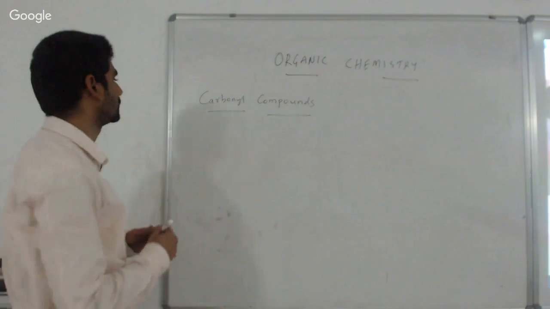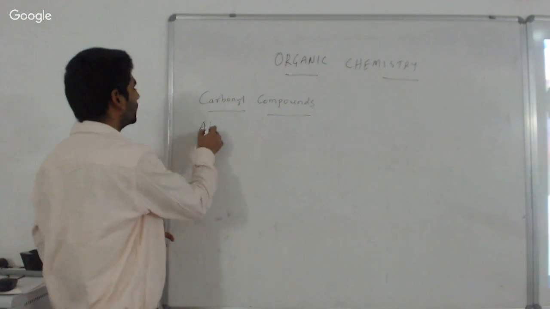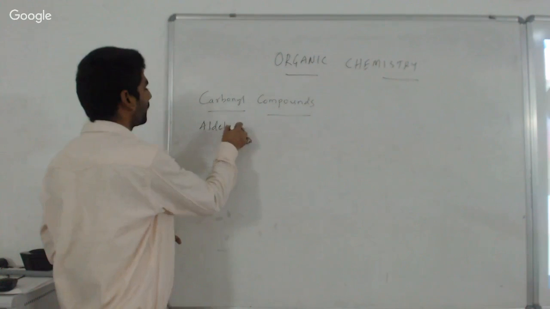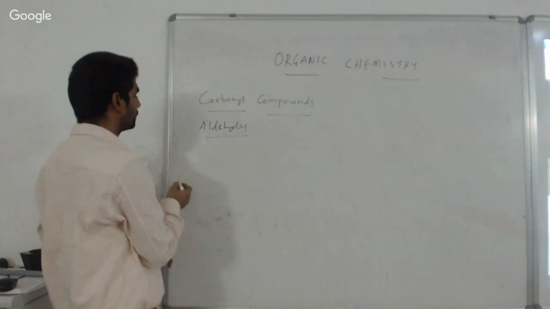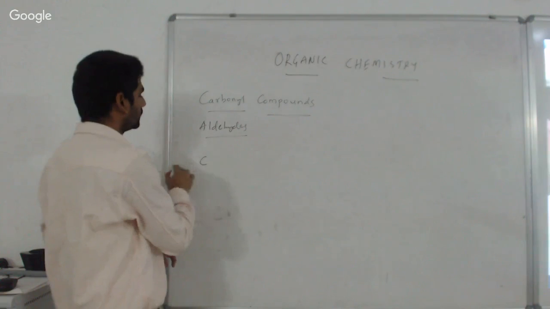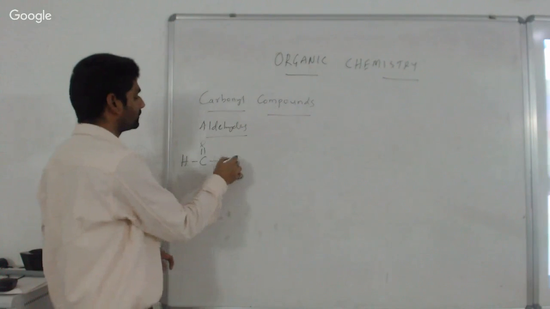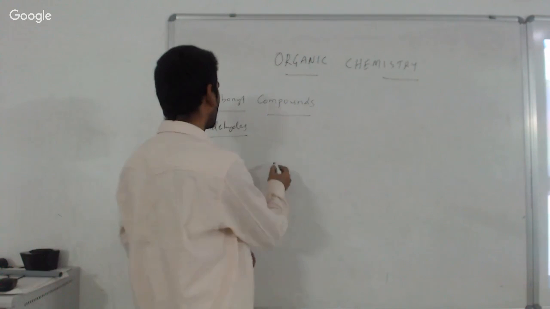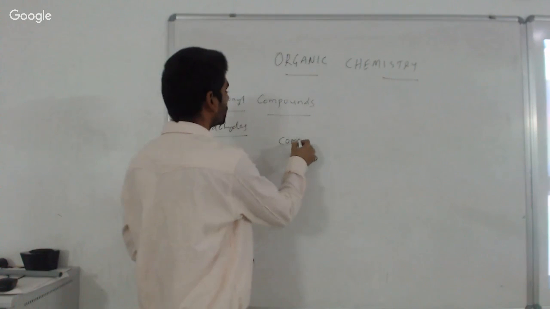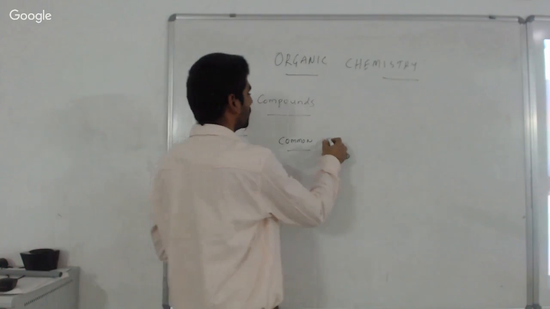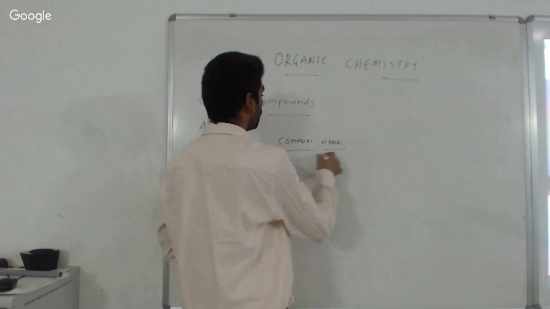Take aldehydes, different aldehydes. First, formaldehyde, HC double bond O with H. The common name is formaldehyde.